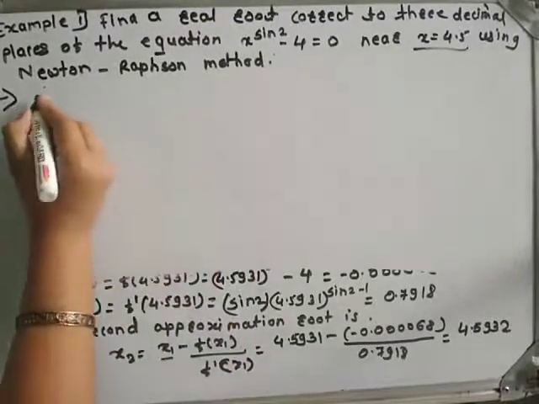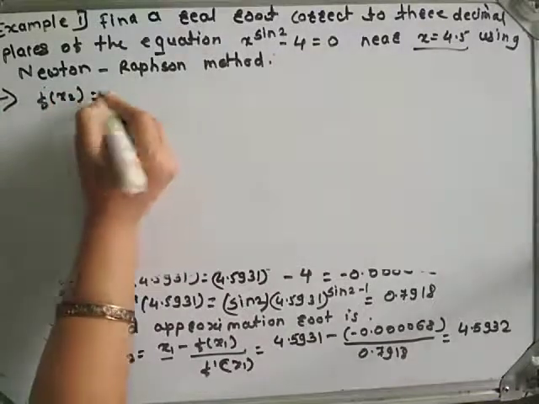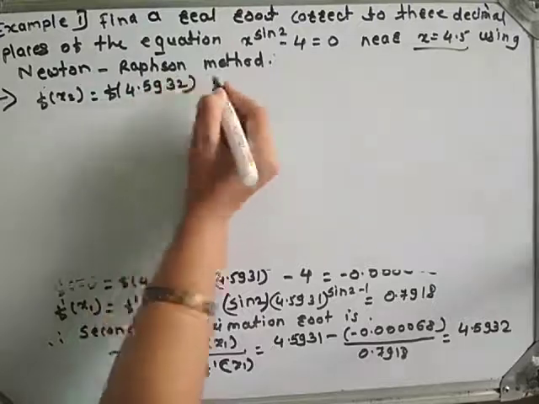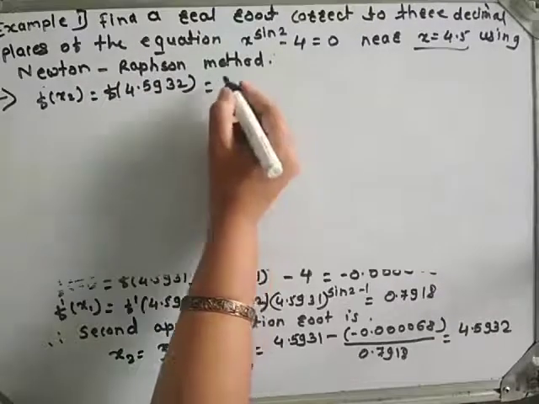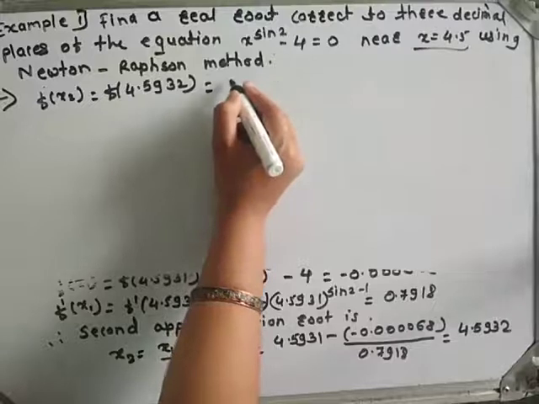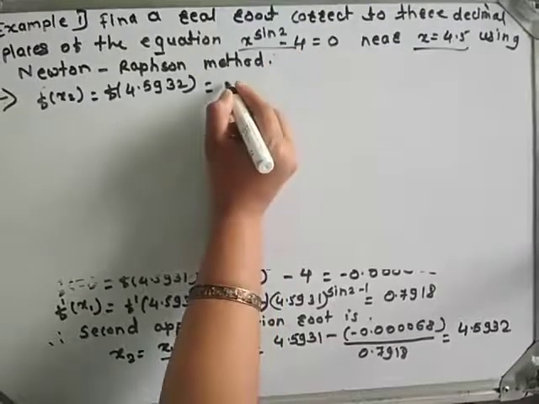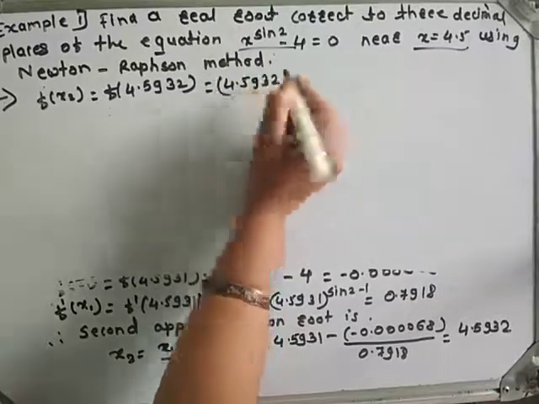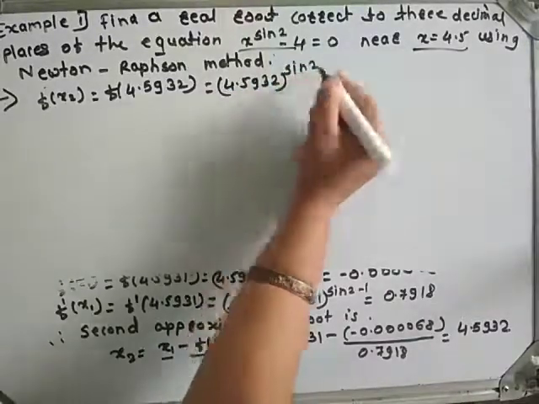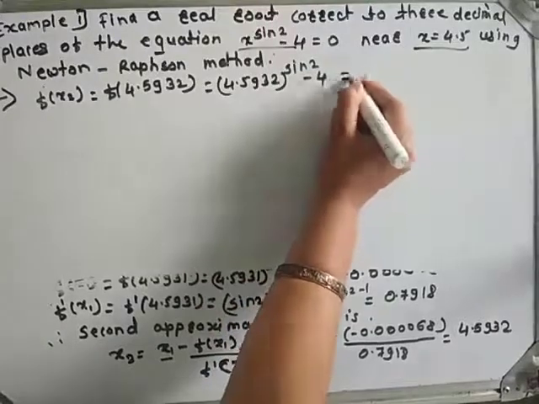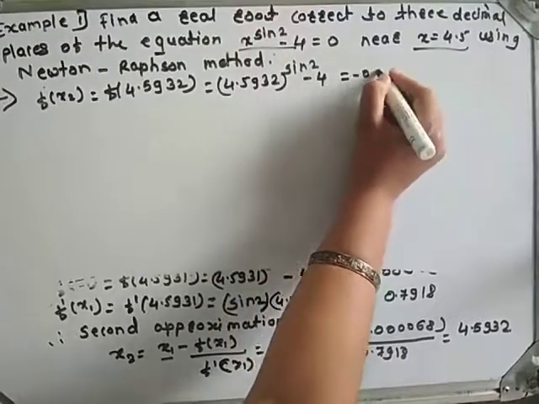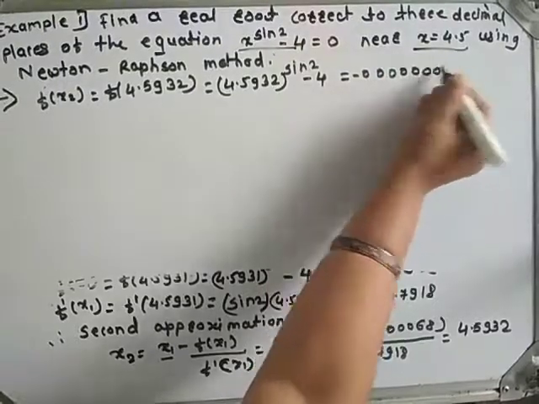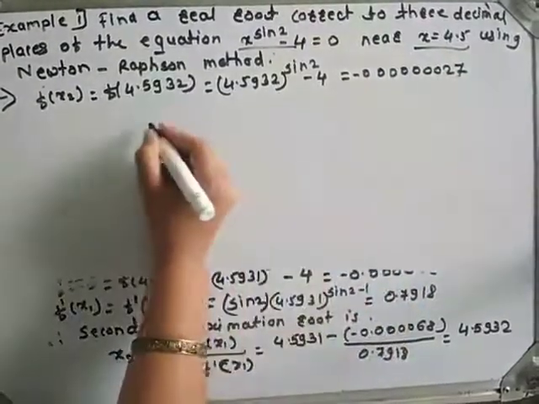Now we have to find f(x2), that is f(4.5932), which is equal to, our f(x) is x^sin2 - 4, that is 4.5932^sin2 - 4, which is nothing but -0.00027.